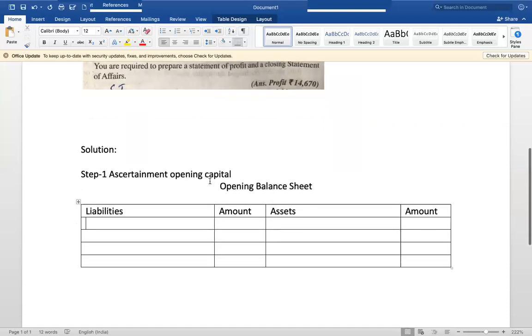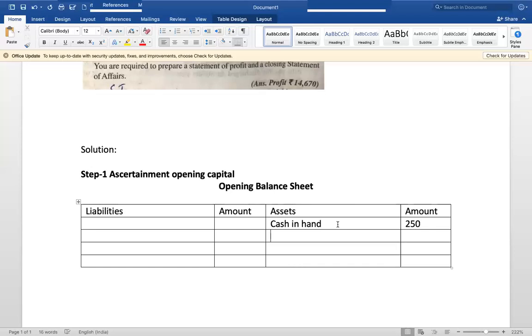Now let's see the first balance sheet. We'll just bold the headings, liabilities and assets. First we'll take assets. Cash in hand, that's 250.